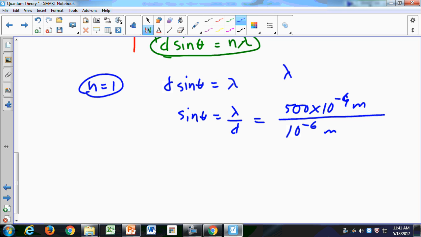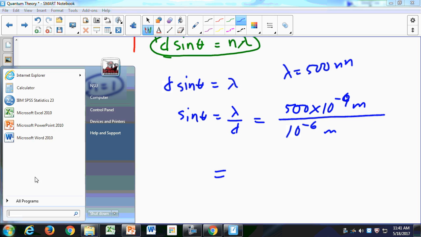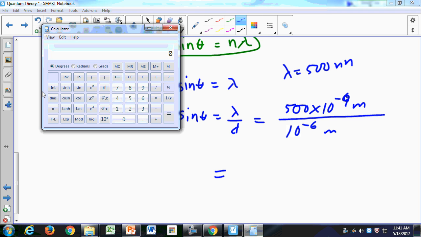So 500 times 10 to the negative 9 divided by 10 to the negative 6 is about 0.5. Sine theta is 0.5.